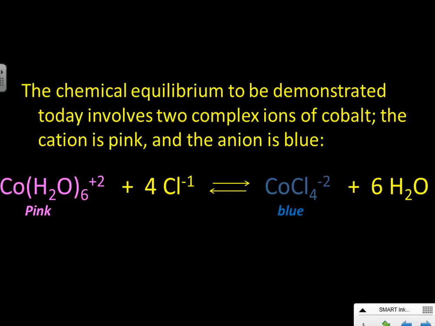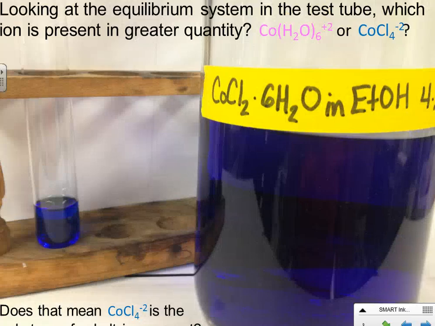So we can tell if we have more reactants present because the solution will be pink, and we can tell if we have more products present because the solution will be blue. Now notice, also on the reactant side are some chloride ions, and also on the product side are some water molecules. So pay attention to that as we go through this video demonstration.